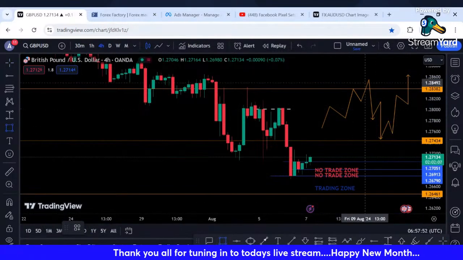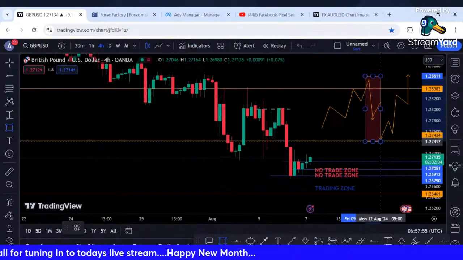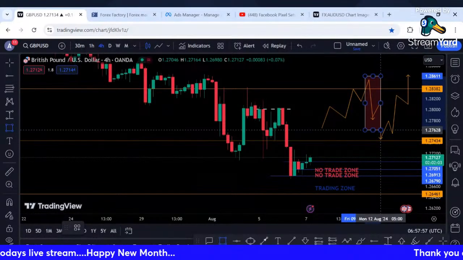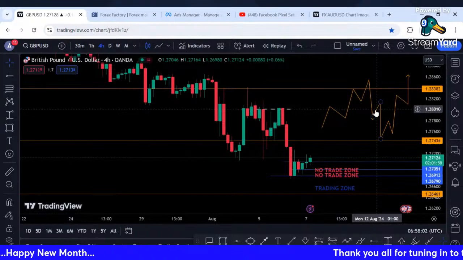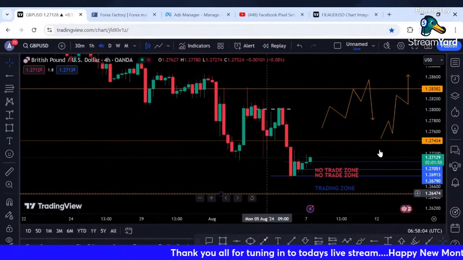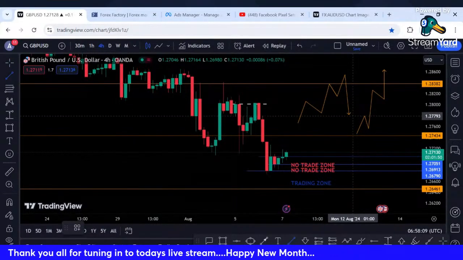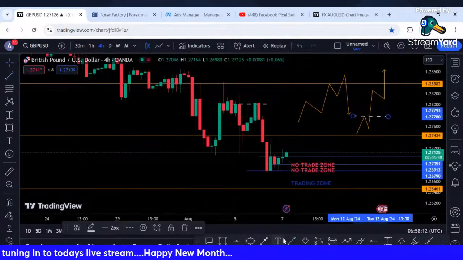Now the moment this point gets broken, this point becomes irrelevant. So that's how it works. If you want to draw your support and resistances, just know where it is valid.